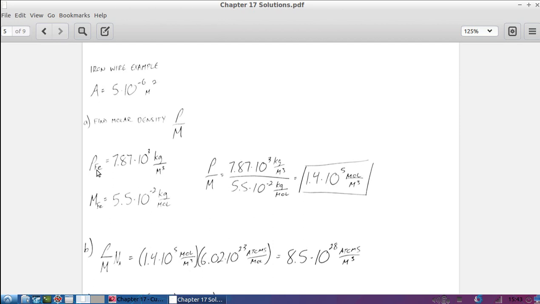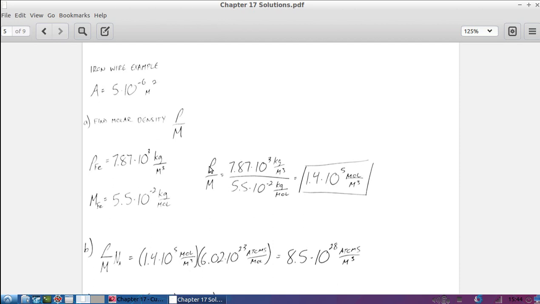So if you see rho with a subscript of an element's chemical symbol or whatever, I'm talking about the density. Plus, the units should be a good identifier too. So I looked up the density, looked up the molar mass, and I kind of cheated a little bit. I used Google, and I made sure to find it in kilograms per cubic meter and kilograms per mole, so I didn't have to convert any units.